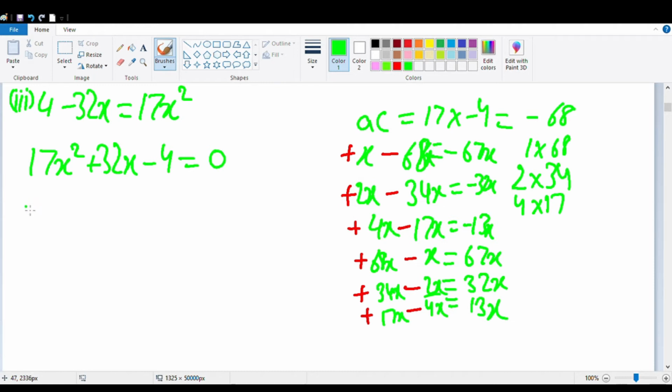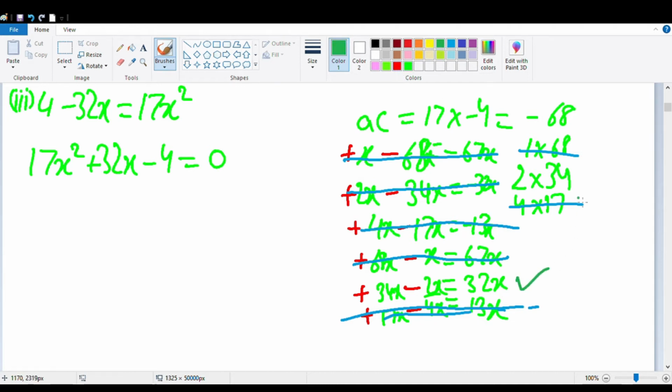So we're going to be using this fourth one. The rest are all incorrect because we get totally different answers, but we need 32x, and this is the only correct one. So let's use the fifth one.